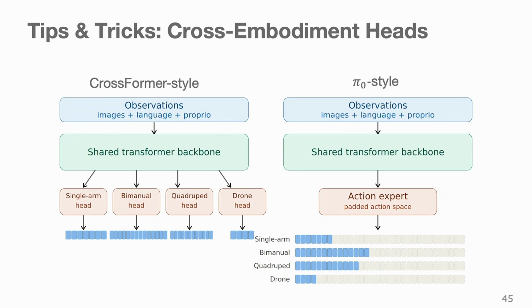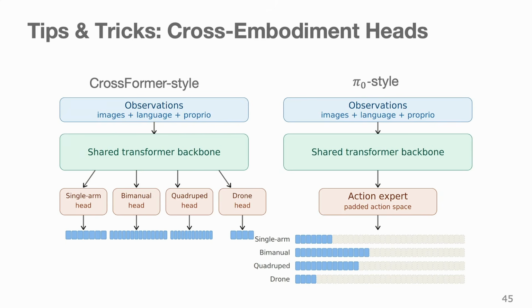And on the right, you can see the more Pi0 style approach, where you still have a shared transformer backbone, but this is followed by a single action expert that outputs into a unified padded action space. Here you typically pick the maximum action dimension across all your embodiments and zero-pad every robot action to fit that.